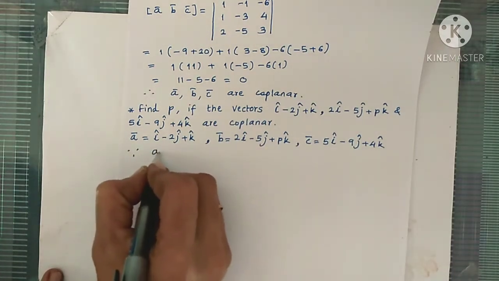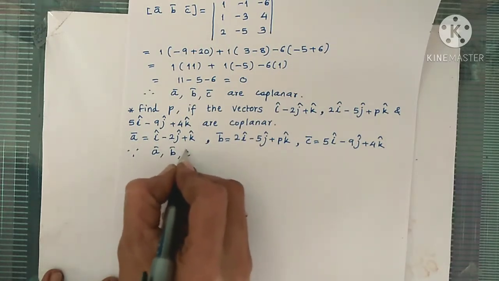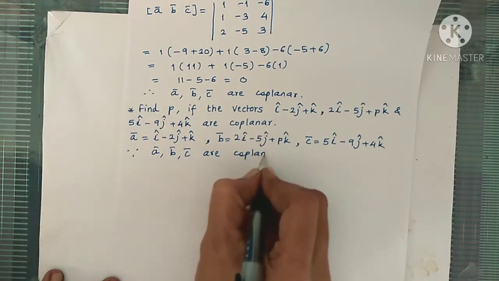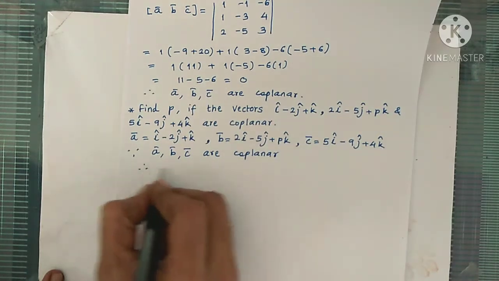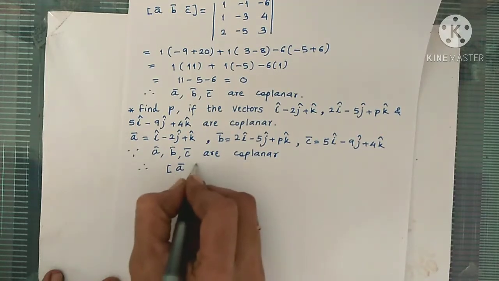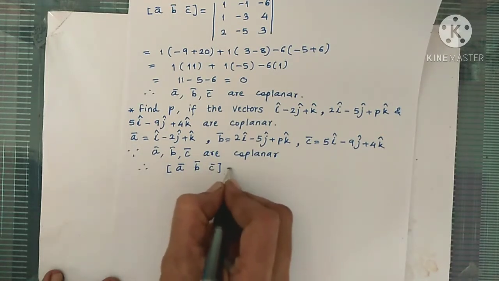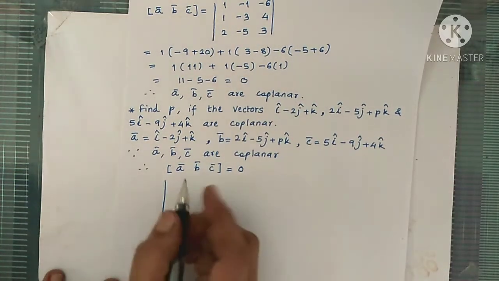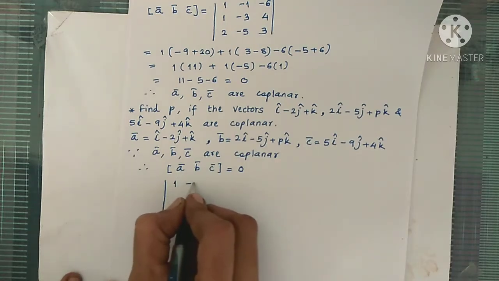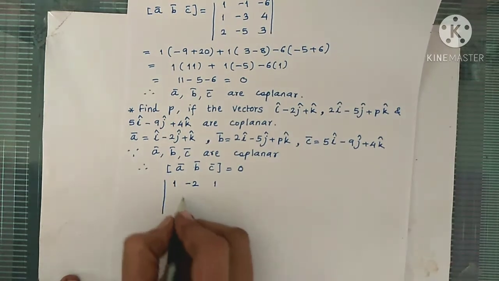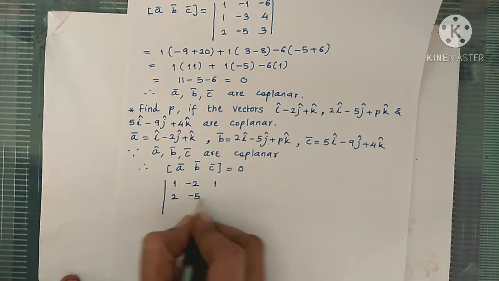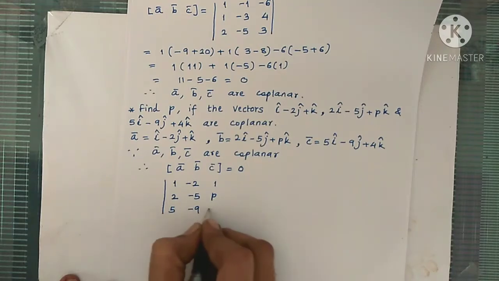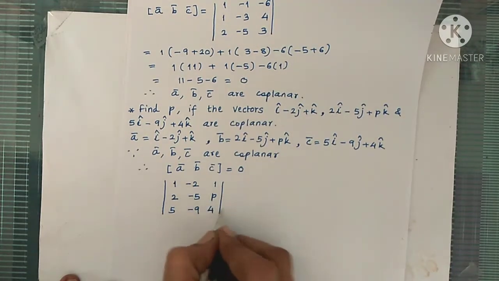Since A bar, B bar, C bar are coplanar, therefore their scalar triple product is 0 or box product is 0. Now scalar triple product is 0, that means the determinant is 0. Now the determinant is 1 minus 2 1, then we have 2 minus 5p, 5 minus 9 4. So this is 0.